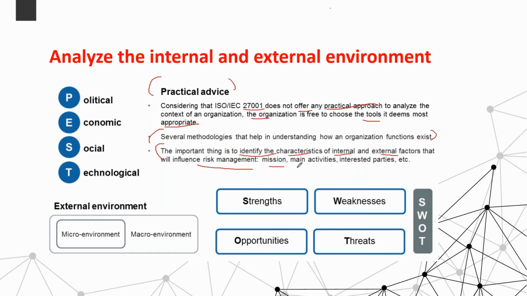So we go with PEST. Okay, there are several models, but we go with the political, economic, social, and technological sources, to understand the strategic approach of the organization.